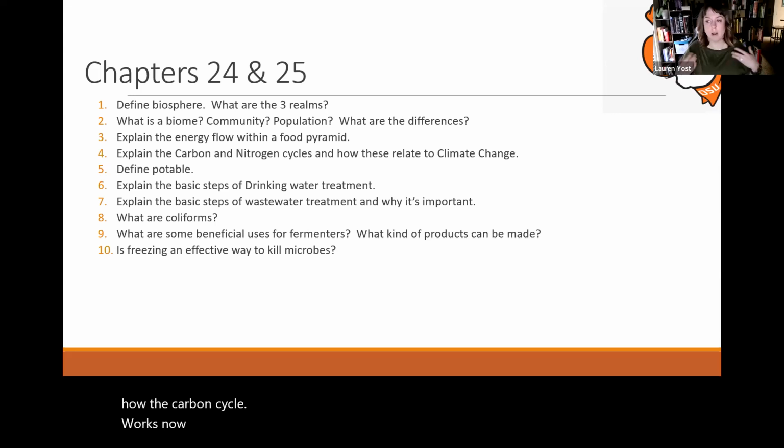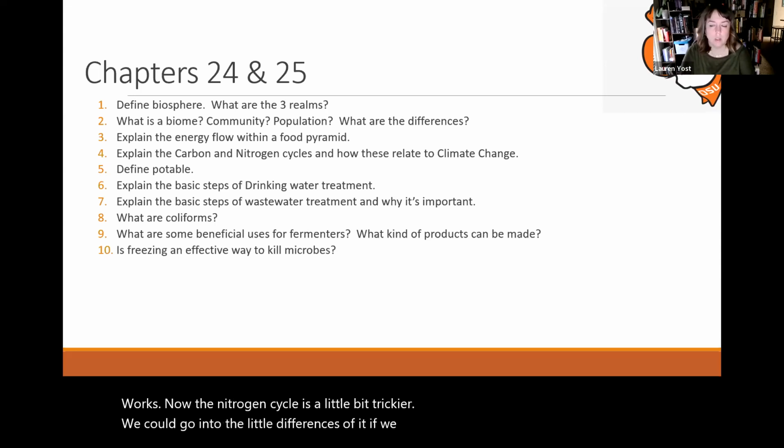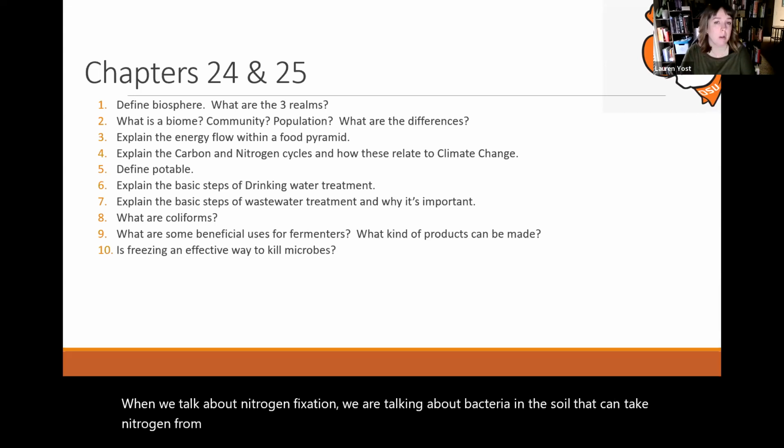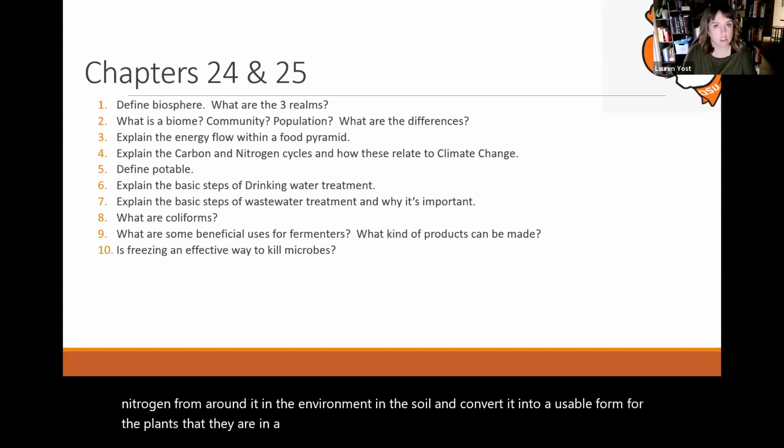Now, the nitrogen cycle is a little bit trickier. We could go into the little differences of it if we wanted to. When we talk about nitrogen fixation, we're talking about bacteria in the soil that can take nitrogen from around it in the environment, in the soil, and convert it into a usable form for the plants that they are in a symbiotic relationship with.